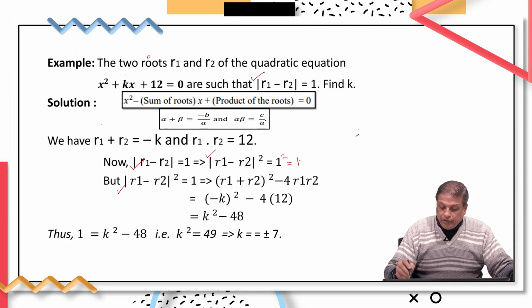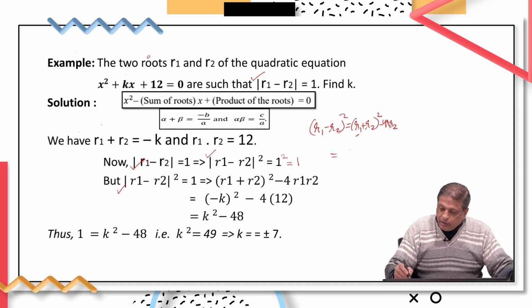And we can always write r1 minus r2 square as r1 plus r2 square minus 4 r1 r2. How?